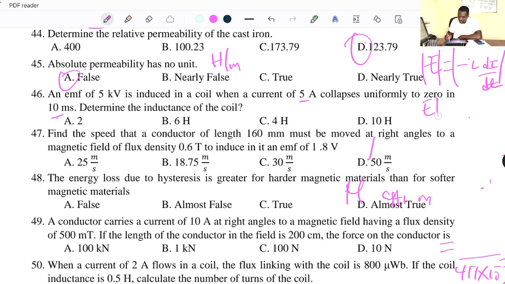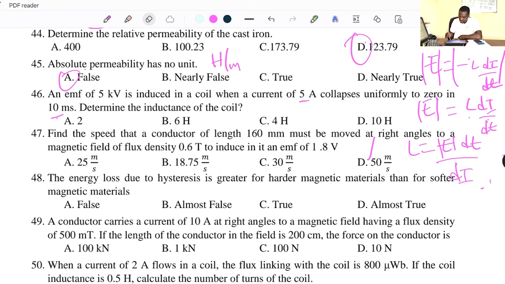That will just be this. Change of current over change of time. So the formula will be this times change of time divided by change of current. And here we do replacement. And what do we get?